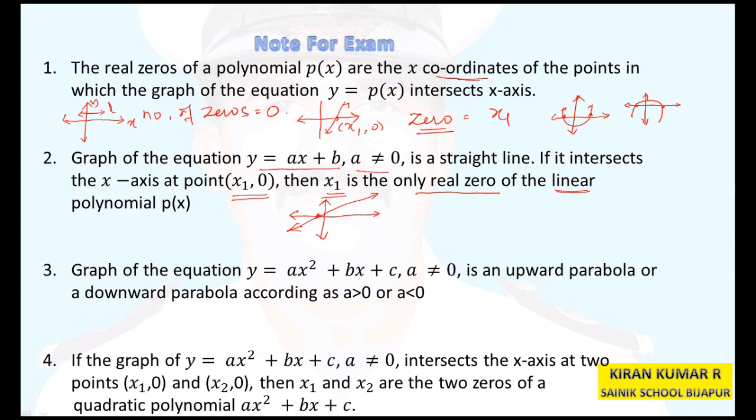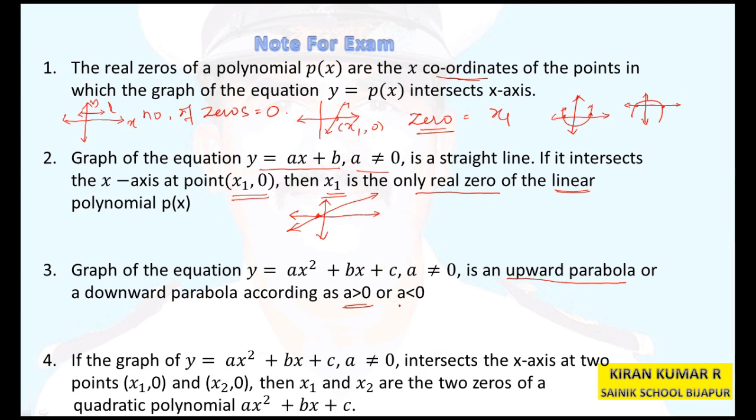Look at the third point. The graph of the equation y is equal to ax square plus bx plus c, where a not equal to 0 is an upward parabola or a downward parabola according to the value of a. If a is greater than 0, it becomes an upward parabola.